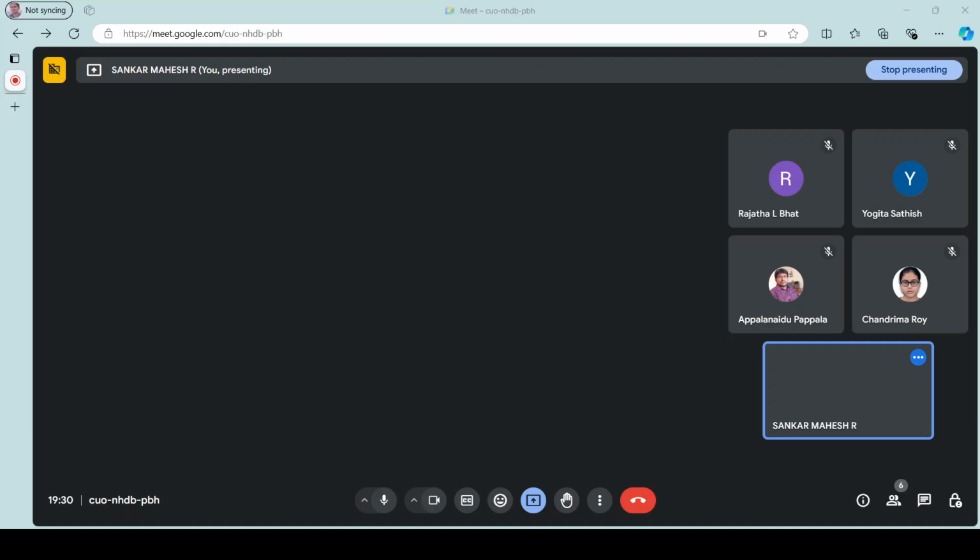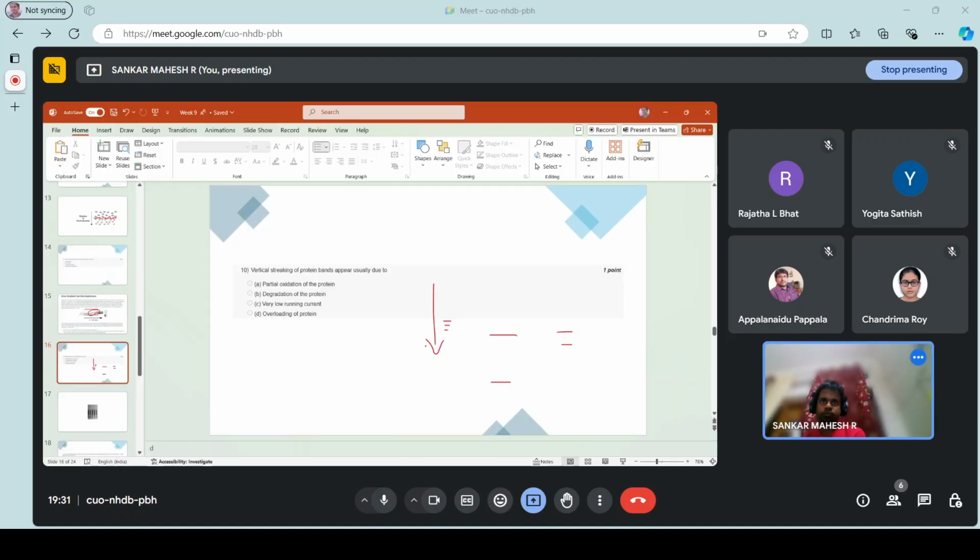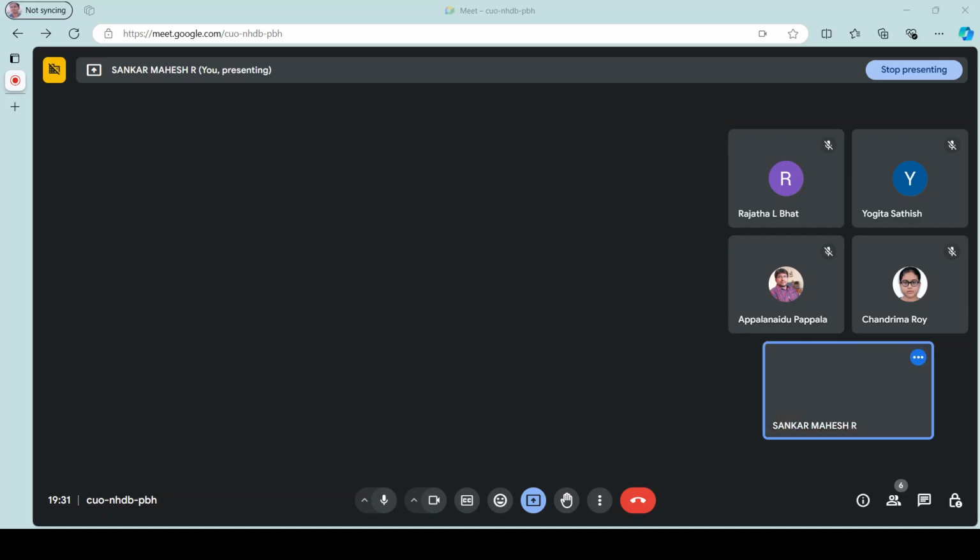Okay. What about oxidation and overloading? What would happen if a protein is getting partially oxidized? Any idea about a particular functional group that you think would be affected upon oxidation?